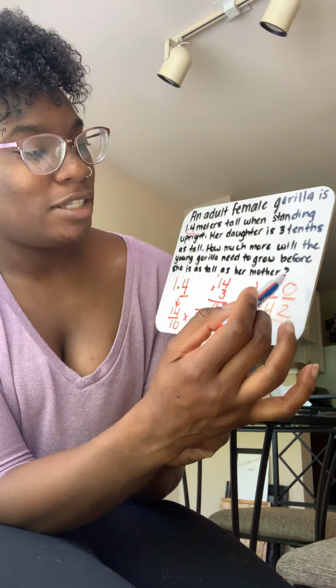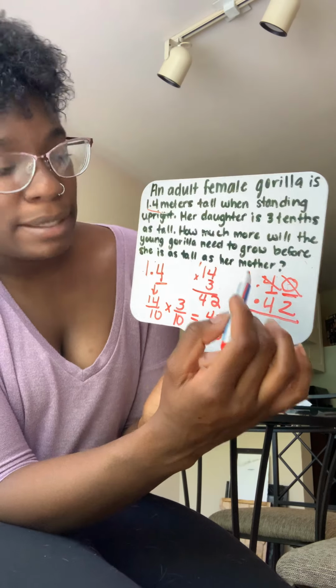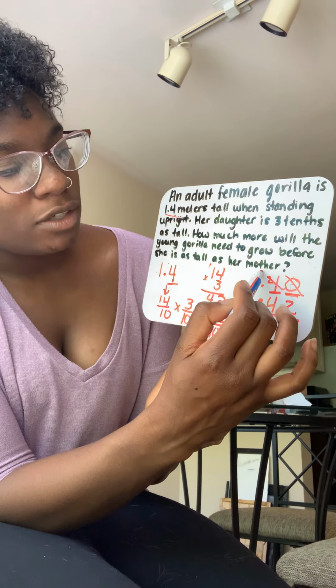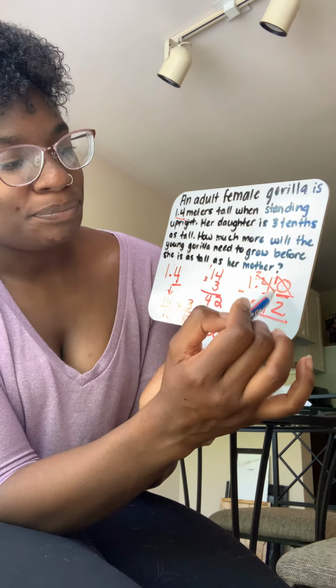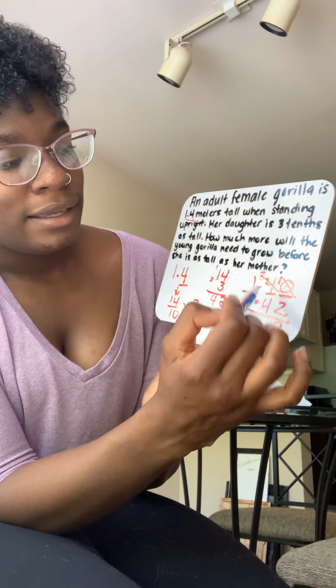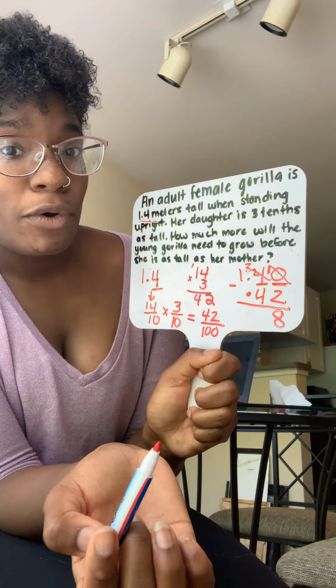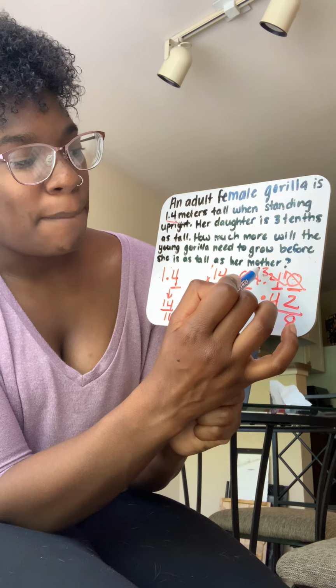We know we can't do 0 minus 2. So I've got to go next door and borrow. So this 4 is going to be changed to a 3. And we've now got 10 minus 2, which is 8. Can we do 3 minus 4? No. So we've got to go next door once again and borrow.